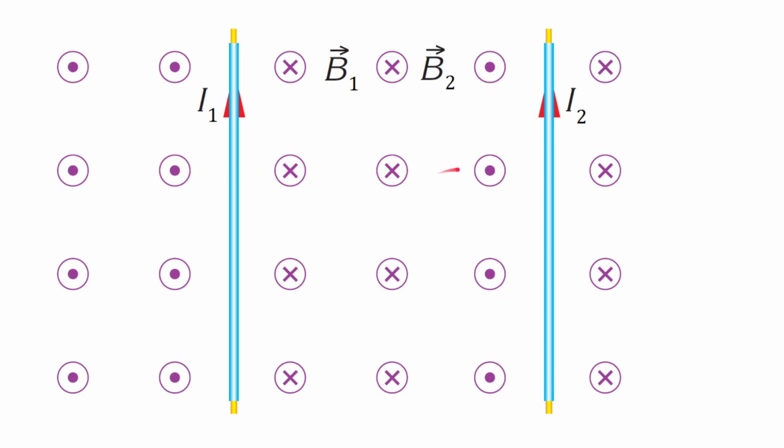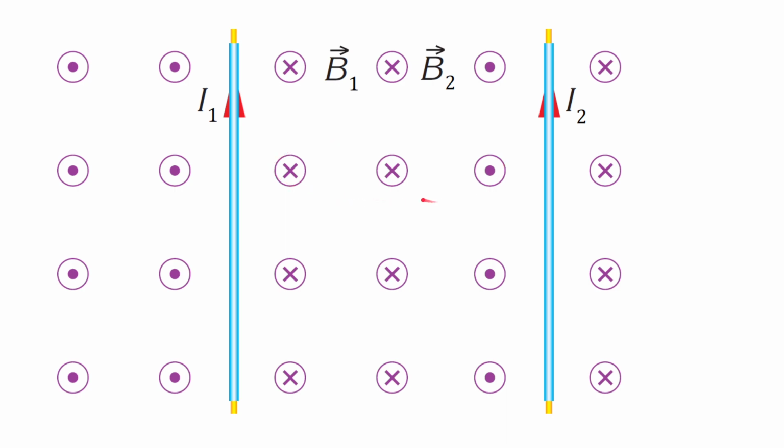And for the second wire, the magnetic field lines are directed the same. The region between wires has magnetic fields which are in the opposite direction. So the magnetic field in this region is decreased.